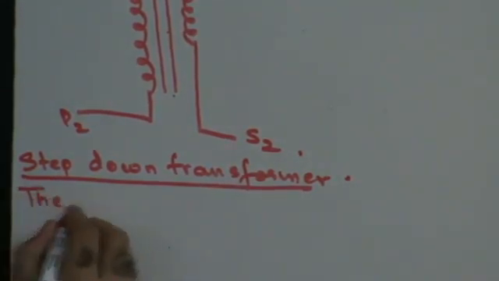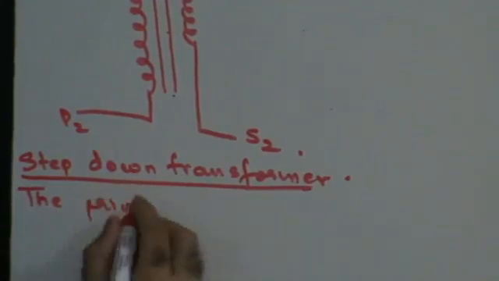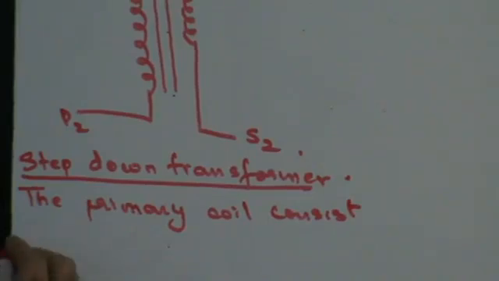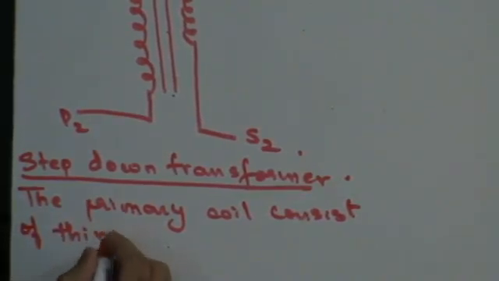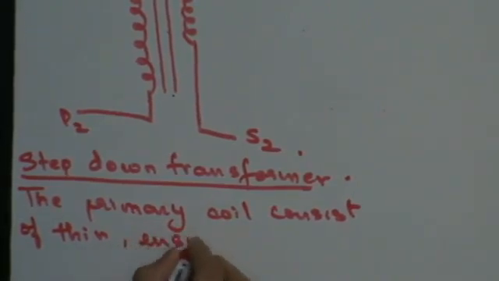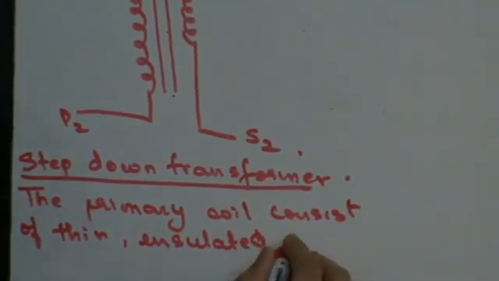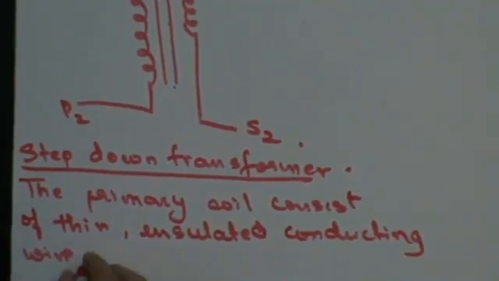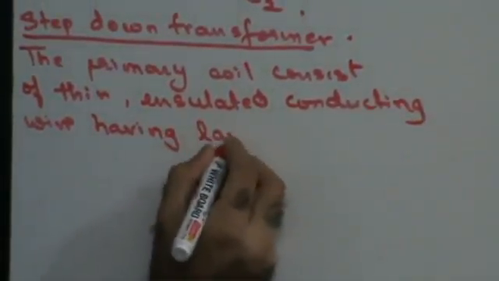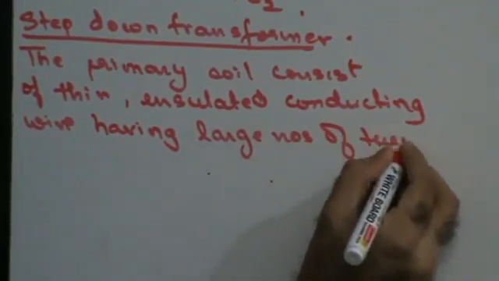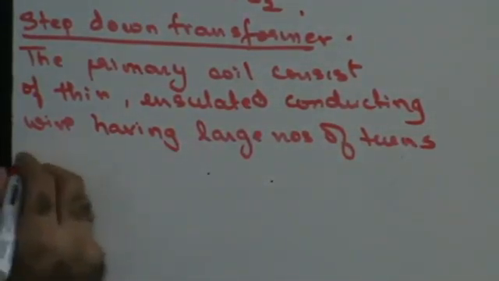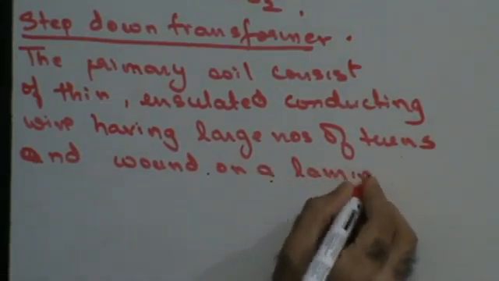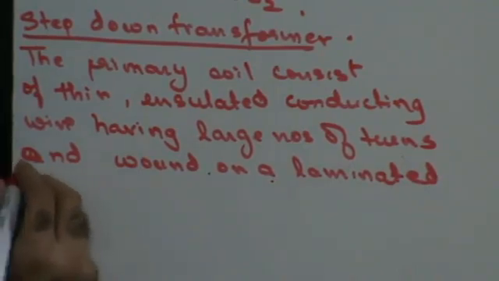The primary coil consists of thin insulated conducting wire having large number of turns and wound on a laminated soft iron core.